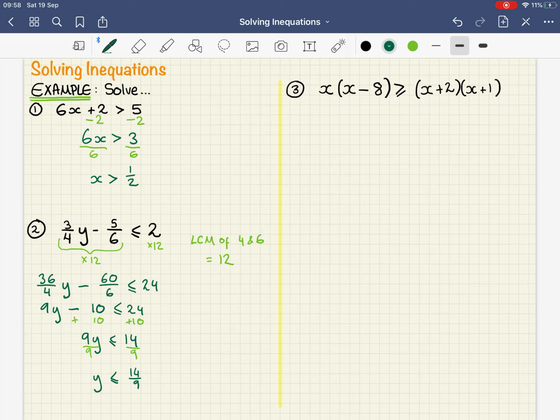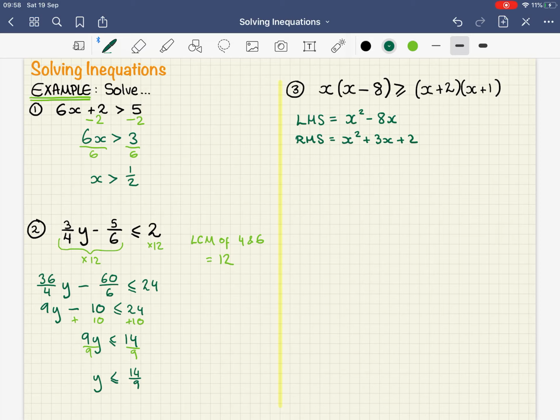Okay, so for question 3, the idea initially starts the exact same. So I want to expand and simplify my left-hand side and then my right-hand side. So my left-hand side is x squared minus 8x. My right-hand side, when I do that expansion, comes to x squared plus 3x plus 2.